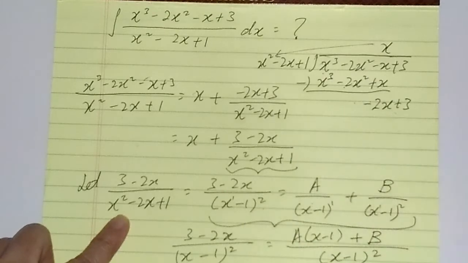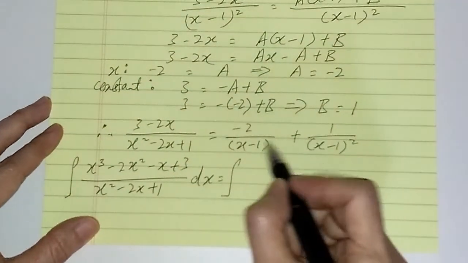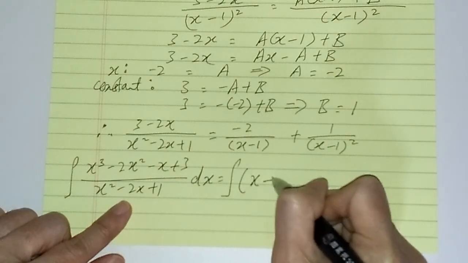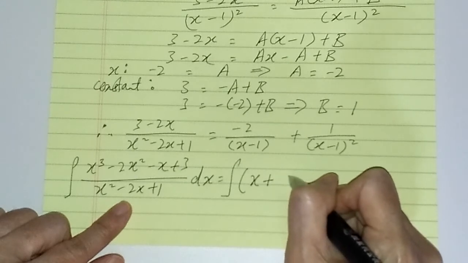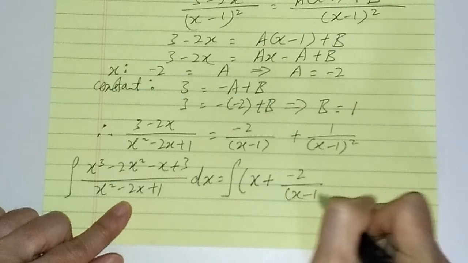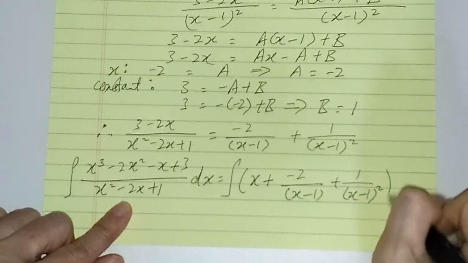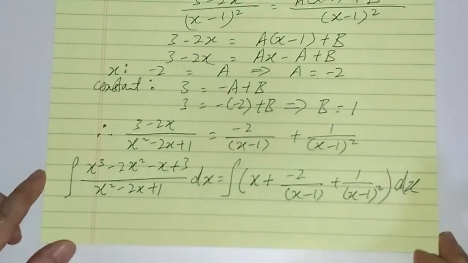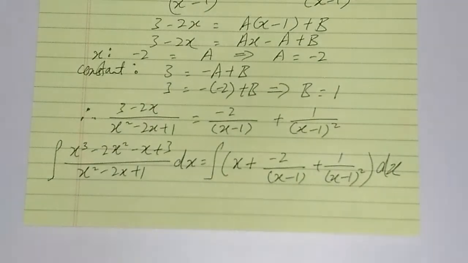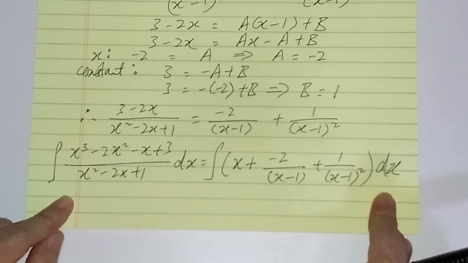So A and B, we have found A and B, so x plus minus 2. Okay. So from here, we'll be able to solve the integral. Okay, I'll show you how to find the integral of this in my next video.